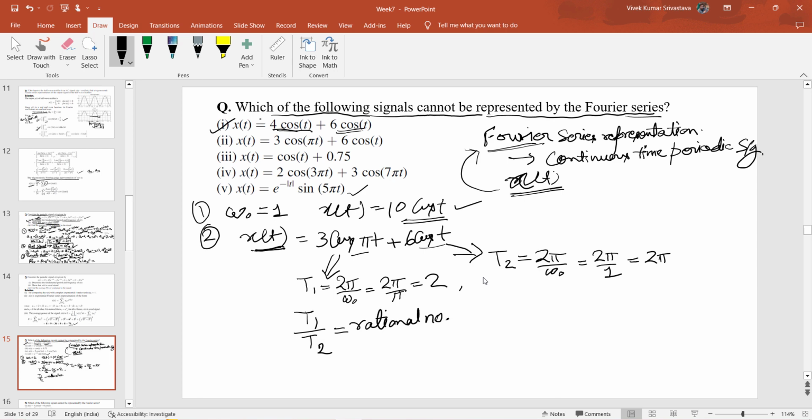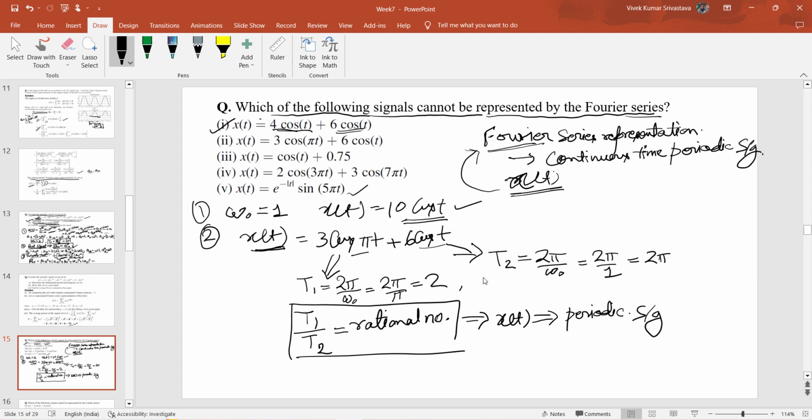If this condition is satisfied, then only we can say that x of t is a periodic signal. We have seen some numericals in our previous classes on how to determine periodicity. If you haven't seen my previous lecture, I urge you to go and watch it.